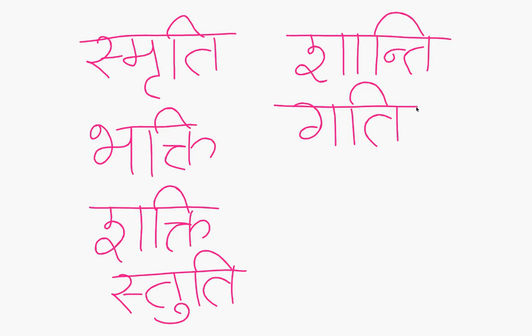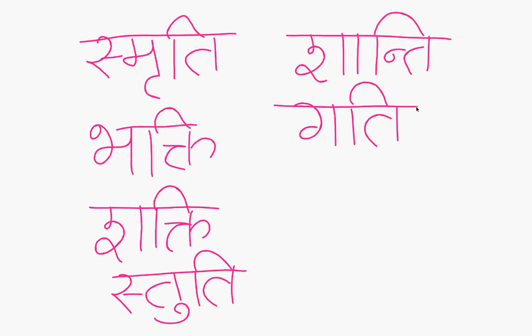These are ending in ti. Remember, notice this ti, and these are all strilinga. Could we consider those as feelings or qualities? Yes, quality. They are not physical, they are abstract. Somebody has devotion, it is a quality of that person.